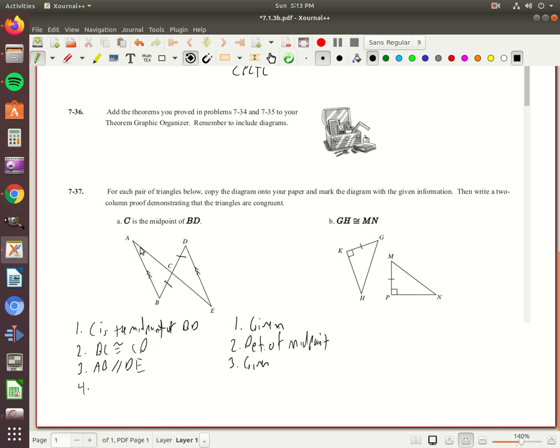Well, I could say angle A is congruent to angle E, and I can say angle B is congruent to angle D. And the reason why I can say all that is because if lines are parallel, which they are, then alternate interior angles are congruent.